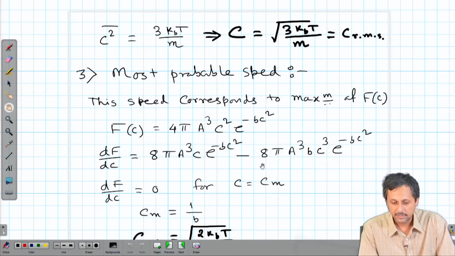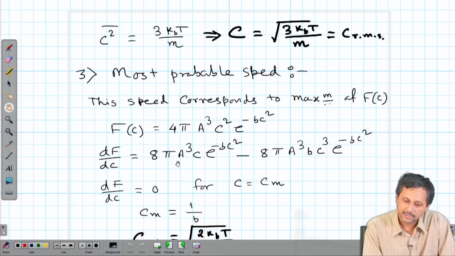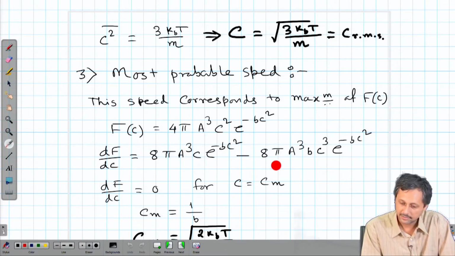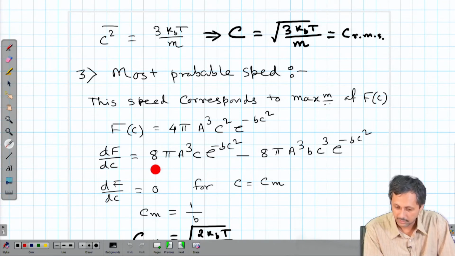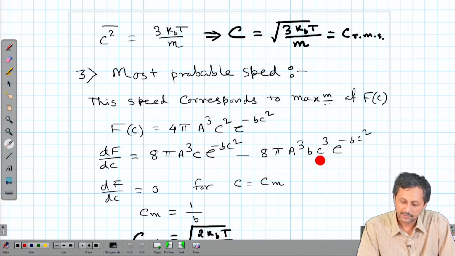Once we set this derivative equal to 0, many terms cancel between the left hand side and the right hand side, when we put dF/dc equal to 0. You see 8 pi a cubed and 8 pi a cubed cancel out, and one c cancels out with this c square, leaving behind c cube and c square.